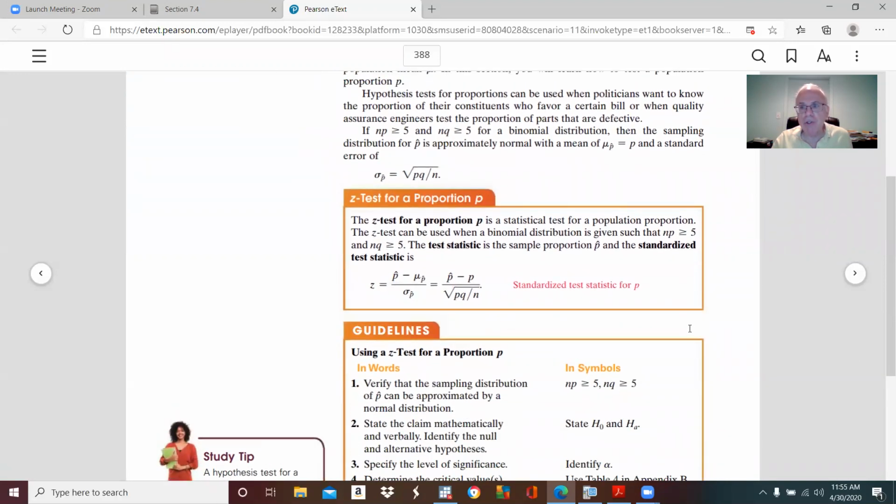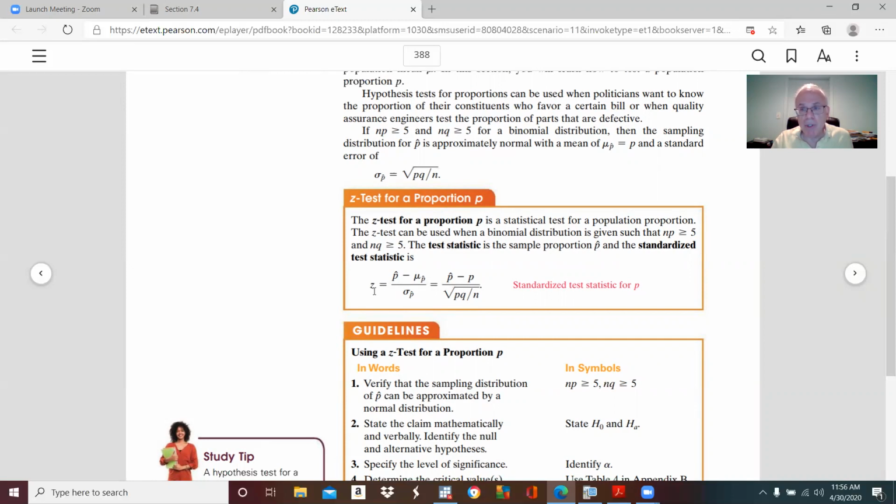Now, the big change in this section is that when we're looking at hypothesis tests for proportions, we're going to be using this formula here. The numerator of the z statistic, and we always use the z statistic for hypothesis tests for proportions, we never use a t.